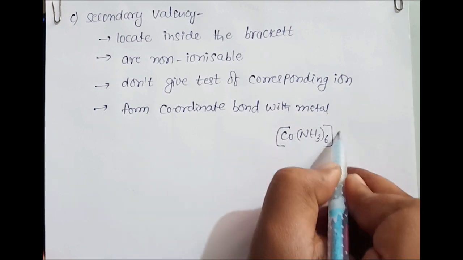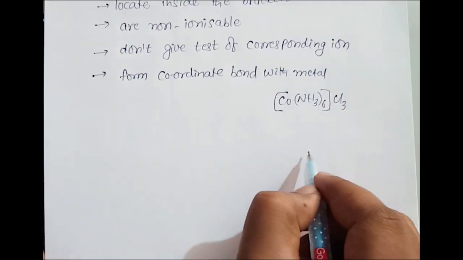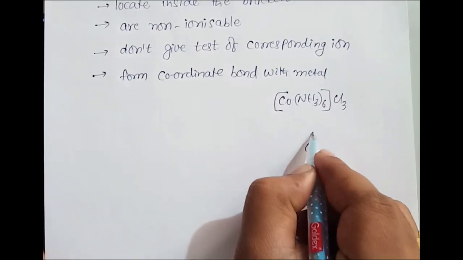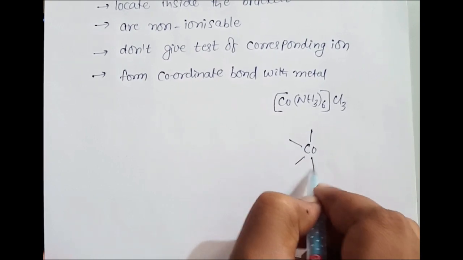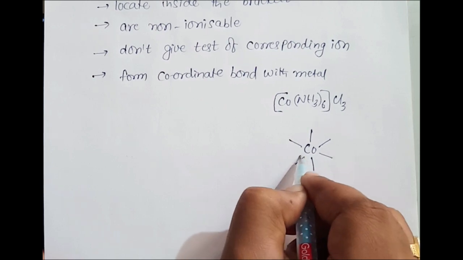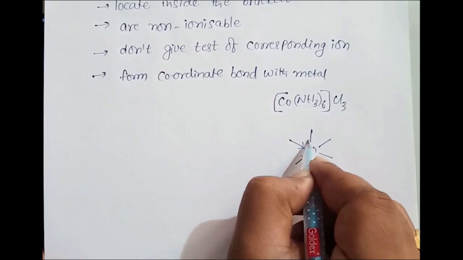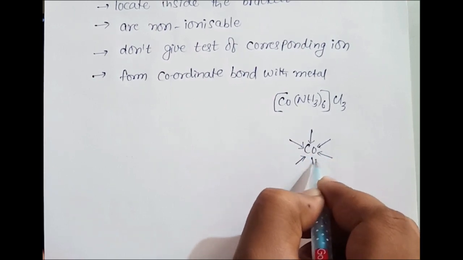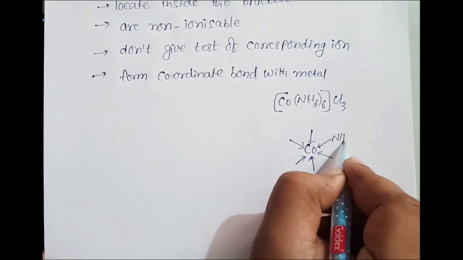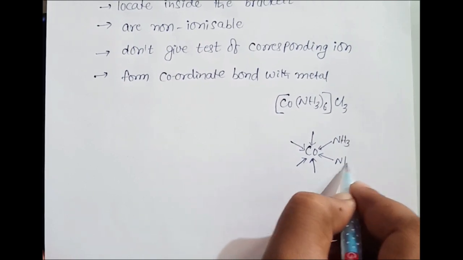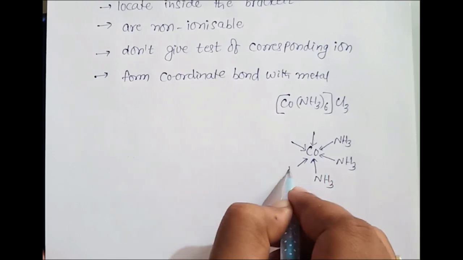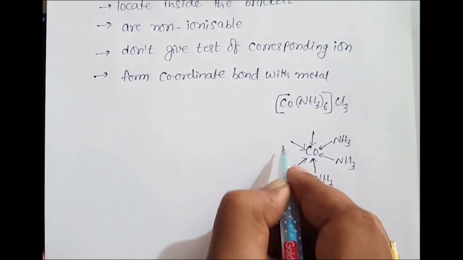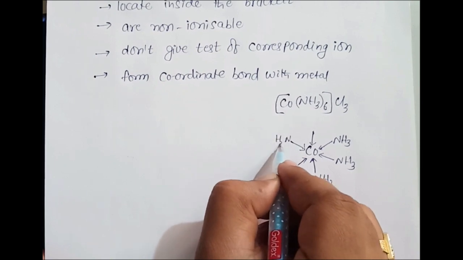So here this one is actually present like this: Co, with 6 ammonia molecules. These all are coordinate bonds, not simple covalent bonds. Ammonia at 6 places. The structure is called octahedral structure.